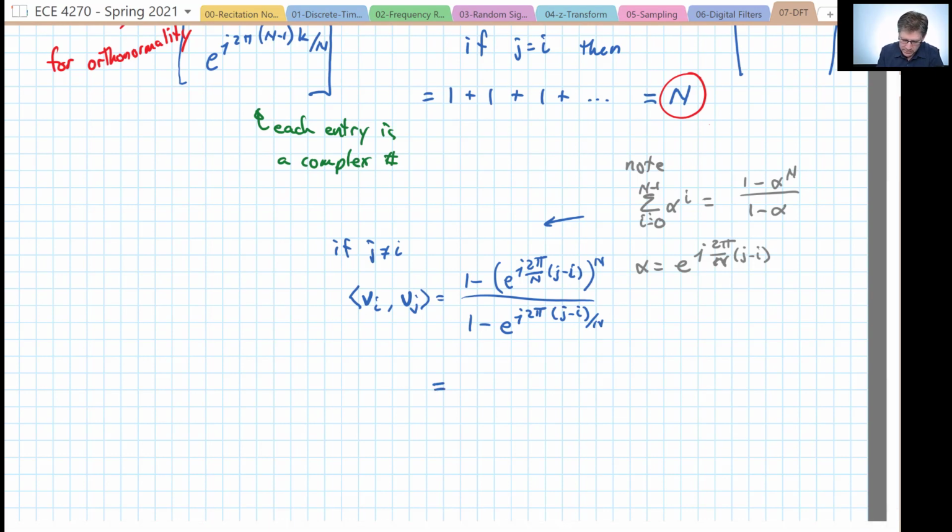Well, that n and that n will cancel, and so we have e to the j 2 pi times j minus I, which is an integer. So e to the j 2 pi times an integer is just 1. So the whole thing here becomes 1.